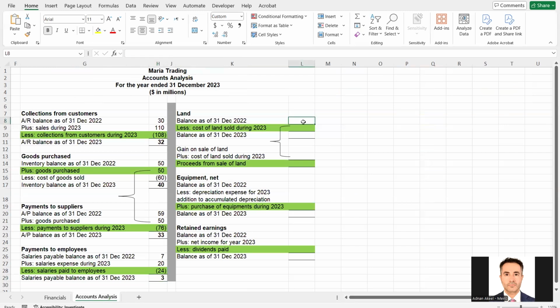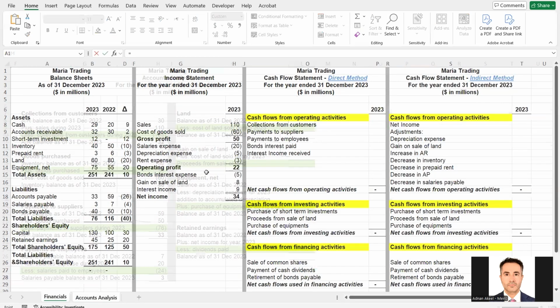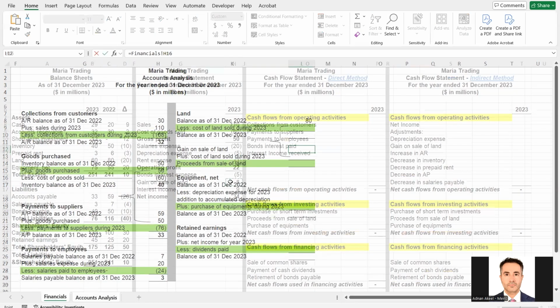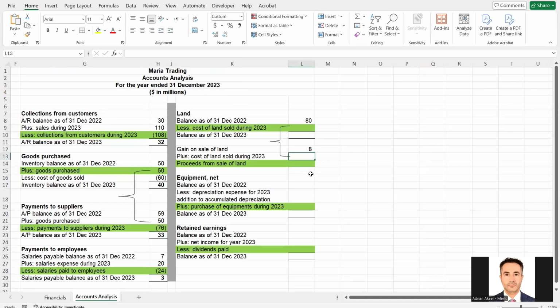I start here. What was the beginning balance of the lands? From the balance sheet, this is the 80 million. Next, what was the gain from the selling of the land? This is the 8 million from the income statement.